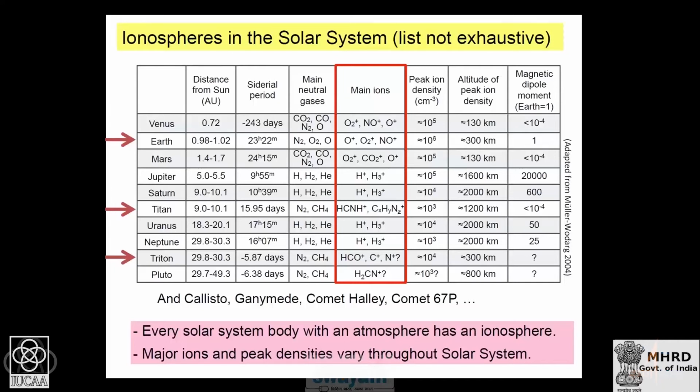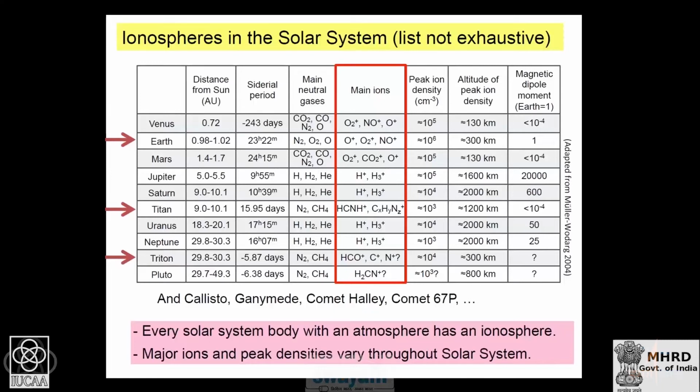Similarly, if you go to Titan, which is again dominated by nitrogen N2, and methane is the second most abundant gas, but it is still just a few percent, the dominant ion is HCNH+, or you can say H2CN+, which is none of these ions. So, essentially photochemistry is playing a dominant role in the atmosphere, which converts these major ions into different ions, and which actually become the dominant ionospheric composition.